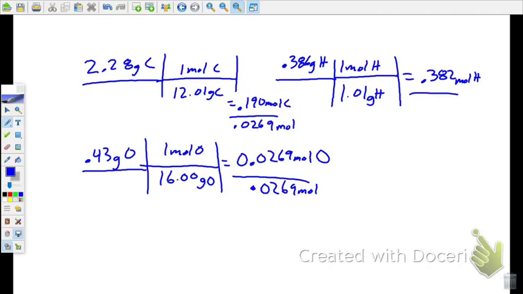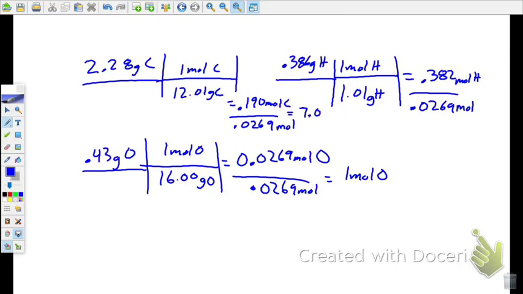So when we figure out our formula, we realize it's probably not going to be a perfect situation where these will come out perfectly whole numbers that we would like. So when you do oxygen, of course, it's 1 oxygen. So we get 1 mole of oxygen. Then when we do the carbon, we get this number that's 7.06.